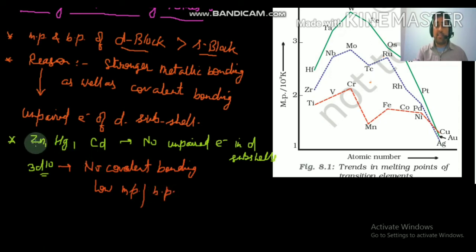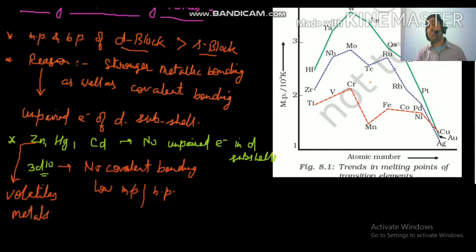That's why they are known as volatile metals among the d block elements. That's why mercury is found in the liquid state.